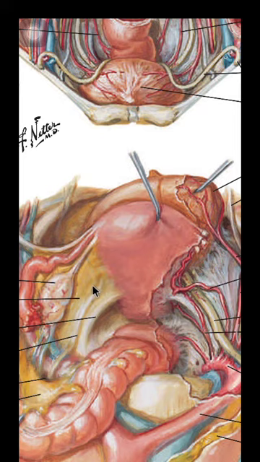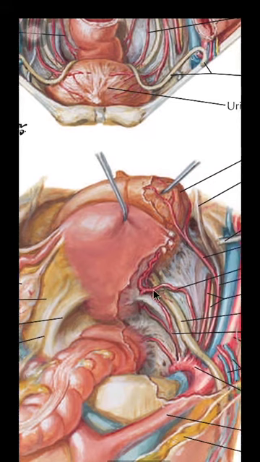Then at the lower border of the attached margin of the broad ligament, the uterine artery will be crossing lateral to medial above the ureter. Below, this will be the Mackenrodt's ligament. Sometimes the ureter passes through the ligament through a fibrous tunnel.